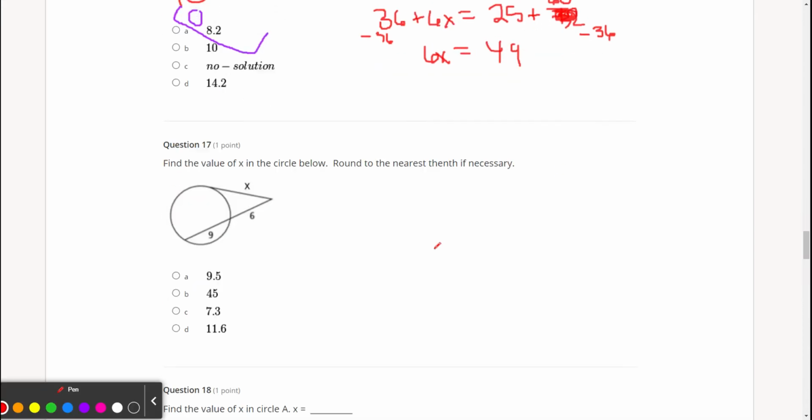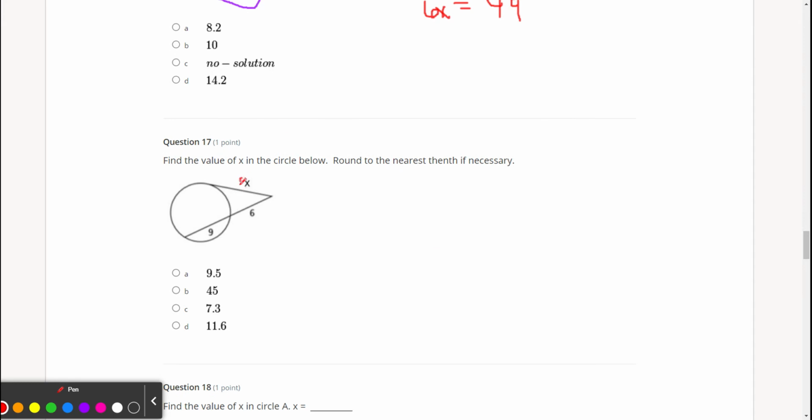Okay, there we go. 17 is exactly the same as the other one. It's the outside times the total. It just so happens that they're the same thing. They're both x's. And then the outside times the total. So 6 times 6 plus 9. So x times x is x squared.